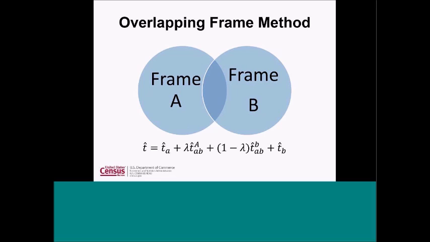That's the first term, the A in the formula for the total below. And then all the way on the other end in this formula is the total that can only be estimated by frame B, just in B. And in the intersection, we could use frame A or frame B to estimate that part of the total.